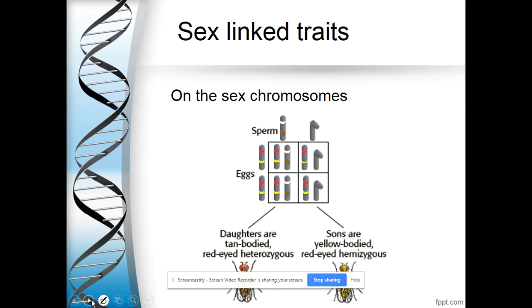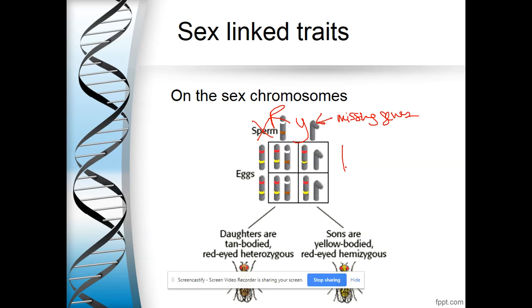So instead of calling this big R and whatever, it would be X and Y if we're looking at those sex chromosomes. This is just showing you a copy of the X chromosome and a copy of the Y chromosome. And you'll notice the Y chromosome is missing some genes. So there are a lot of genes on the X chromosome that are not on the Y chromosome.